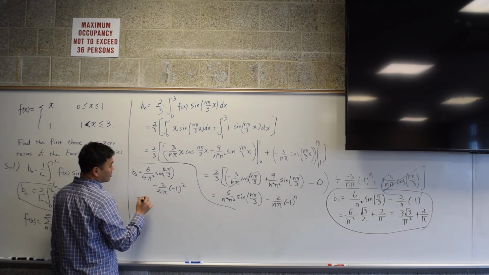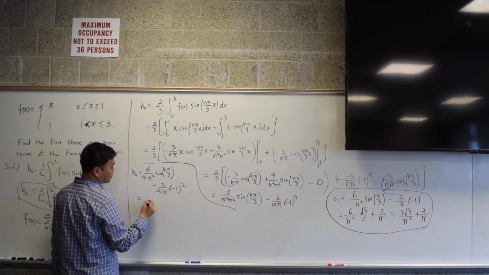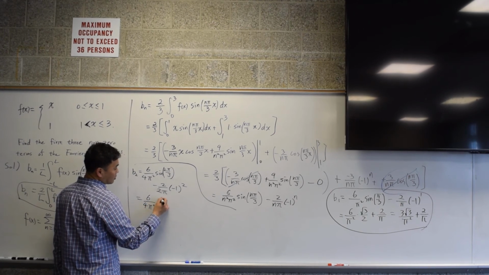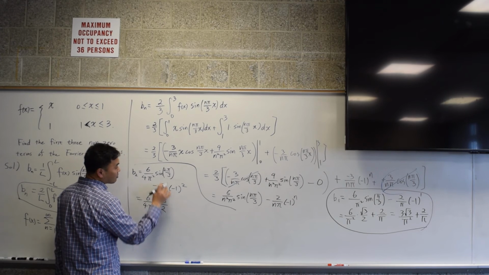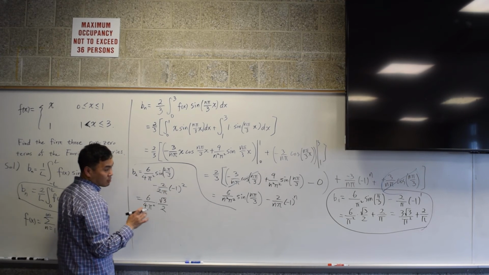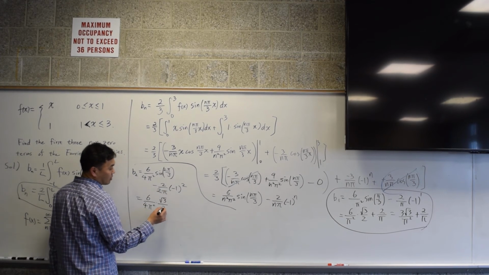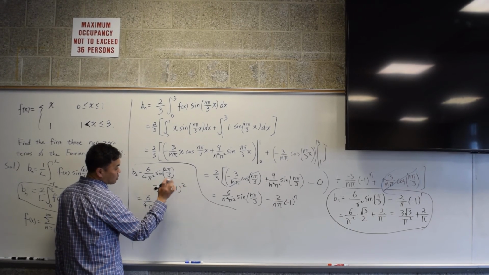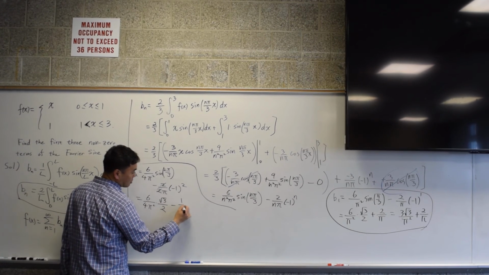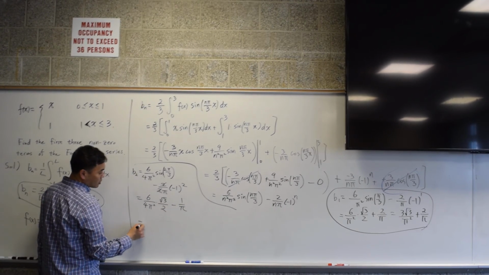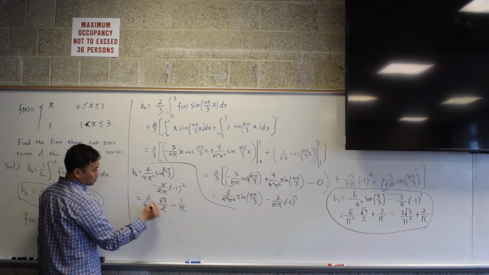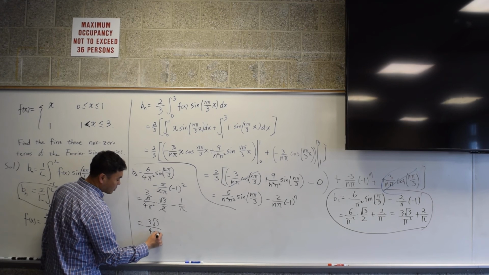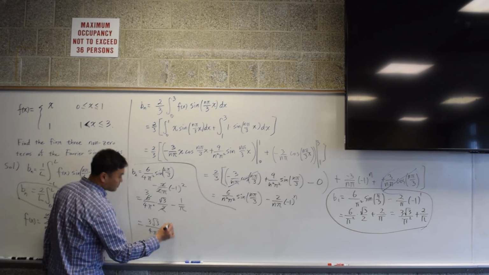Okay? So you get 6 over 4 pi squared times positive radical 3 over 2. They have the same value, sine of 2 pi over 3 and sine of pi over 3. 2 and 2 cancel, and negative 1 squared is 1, so you have minus 1 over pi. And if you reduce 6 over 2, that's 3, so you have 3 radical 3 over 4 pi squared minus 1 over pi.